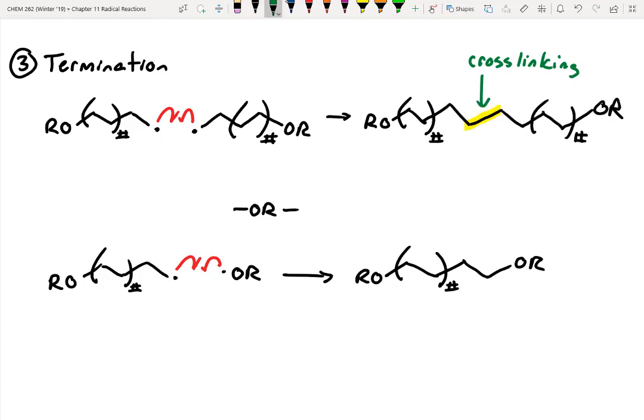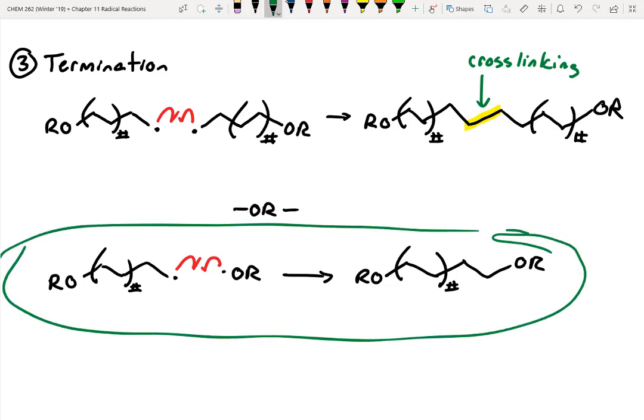All right, so either of these termination steps will work. In fact, some polymers, this last one's pretty common because what they'll do is they'll decorate the end using some sort of special end cap. So it's not necessarily going to be the same as your initiator. There's a huge amount of termination steps.